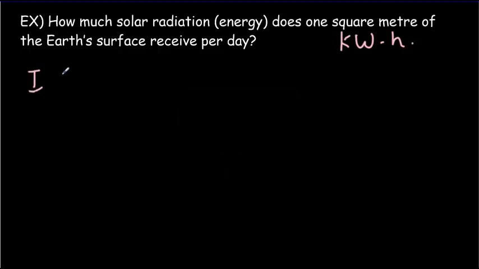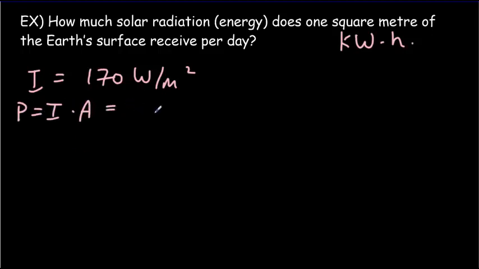So the intensity striking the Earth is this 170 watts per meter squared. Now if it's striking 1 meter squared of area, our power would be the intensity times the area. The area, of course, is just 1, so we're going to get 170 watts there. And being as I want to use kilowatts, I'm going to express this as 0.17 kilowatts of power striking our piece of cardboard.